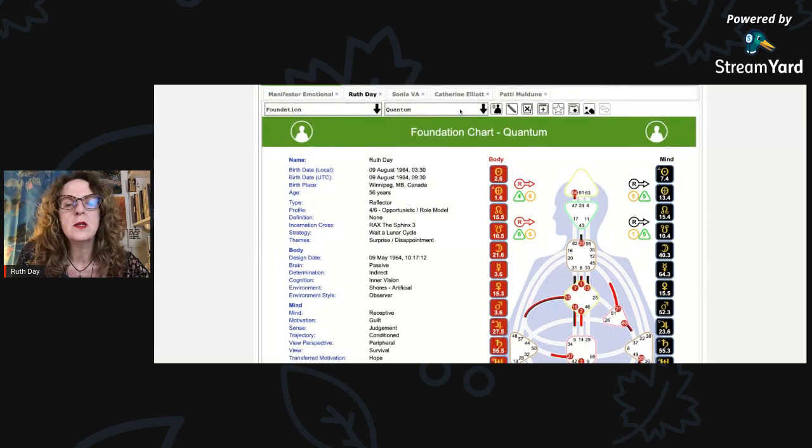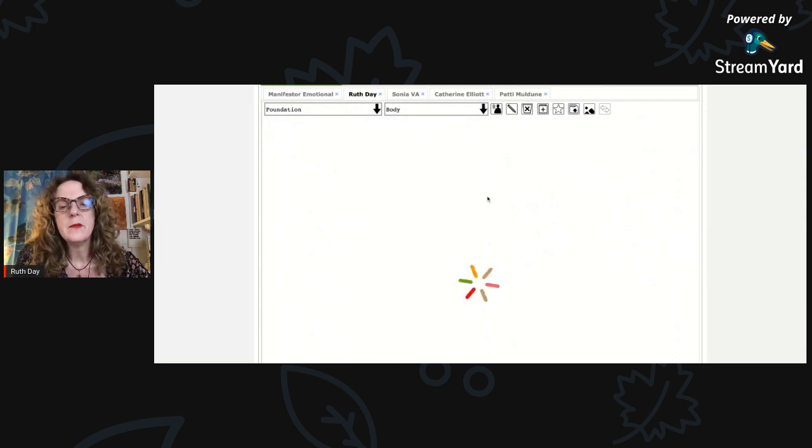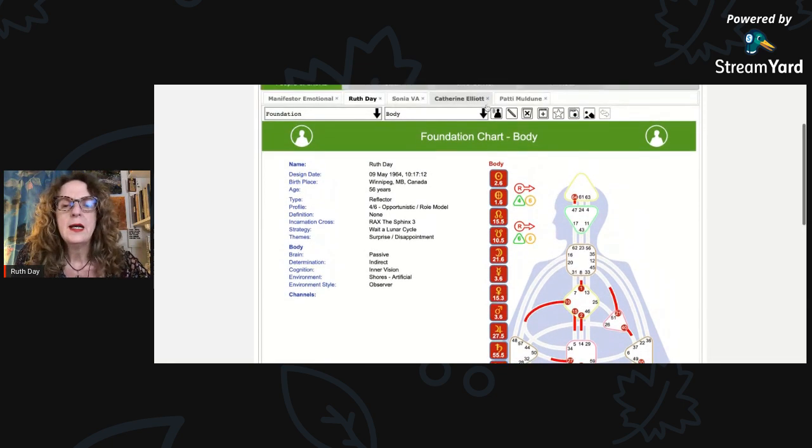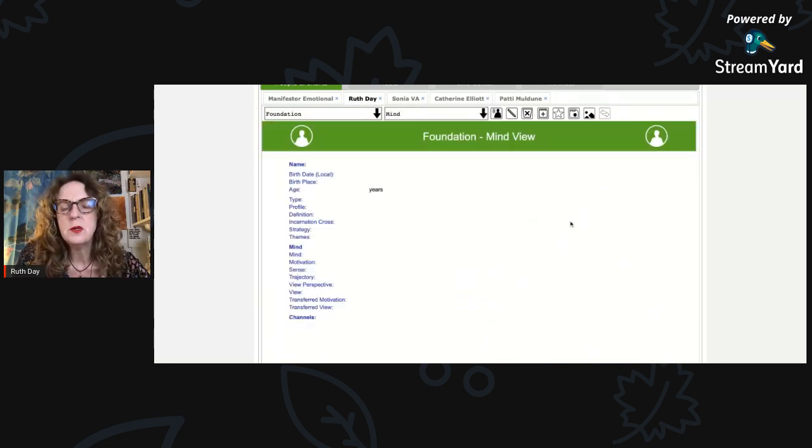If you look at them separately, this is me 88 days before I was born. Different planets were in these different gates, and the gates end up in these chakras as well. Like I said, it's a little complicated, and if you don't get it the first 100 times you hear it, don't worry about it.